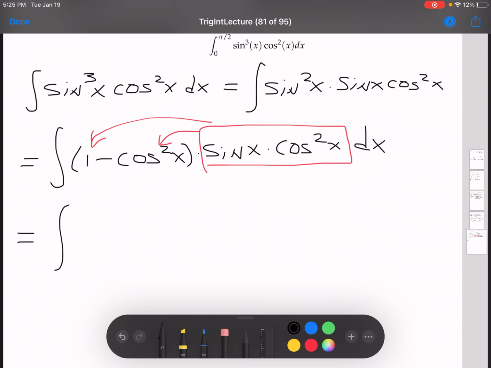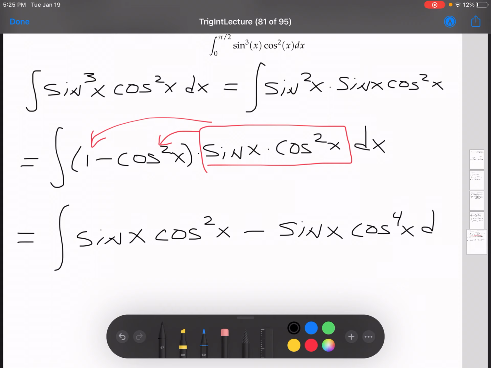So we have the integral of, so my bad, there's sine x cosine squared x minus sine x cosine to the fourth x dx.